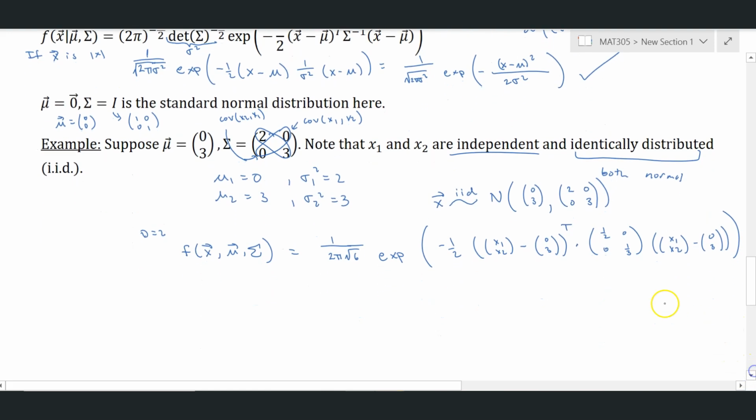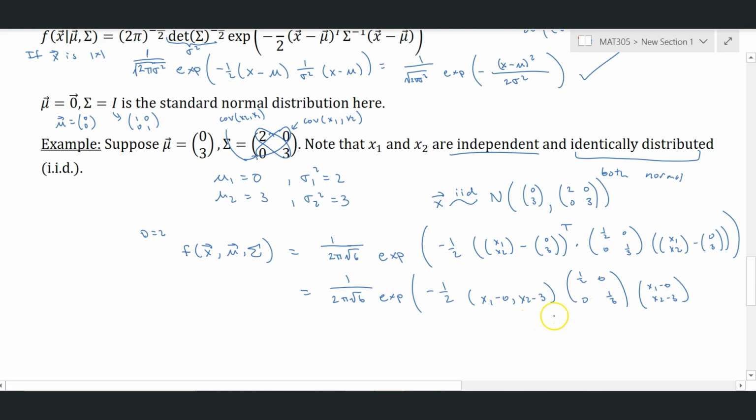Okay, so let's multiply this out and see what this gives us. So this equals 1 over 2 pi square root 6 e to the power of negative 1/2, times x1 minus 0, x2 minus 3, but that gets transposed into a row, times this 2 by 2 matrix, times x1 minus 0 and x2 minus 3.